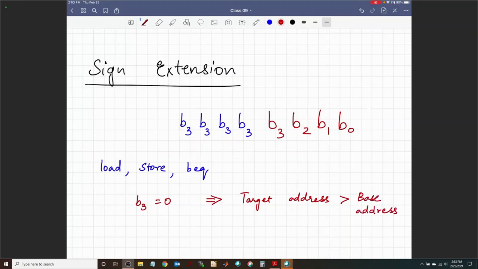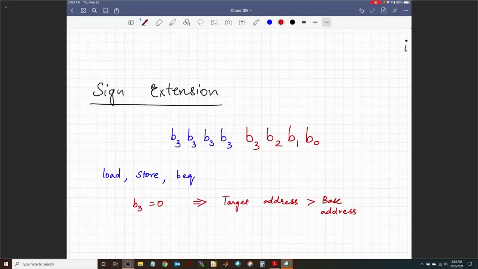Base address is essentially the address in one of the registers, and then you add the offset to it. If the offset is positive, then the target address is going to be greater. And if B3 is 1, that implies that it is a negative offset. Your target address is going to be less than the base address.